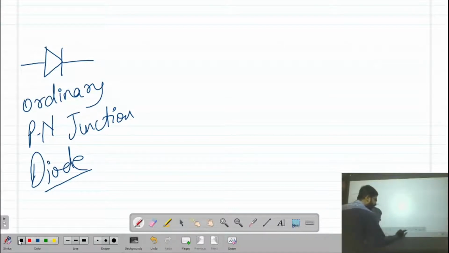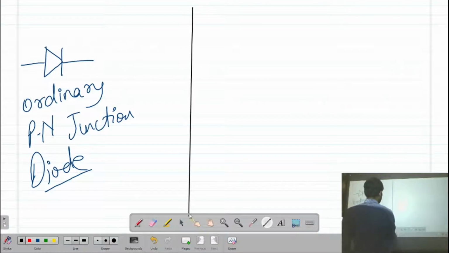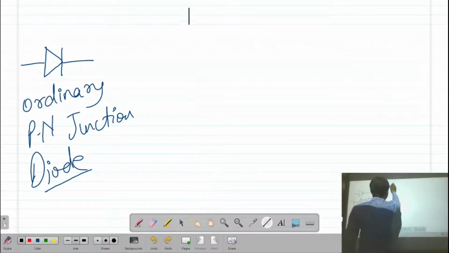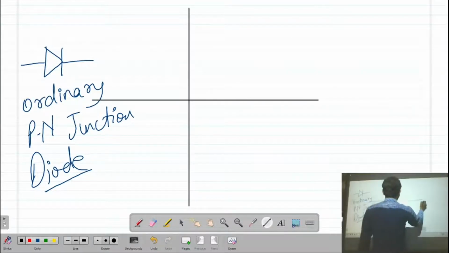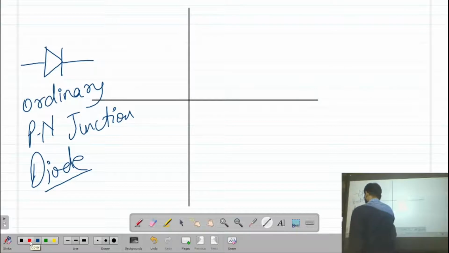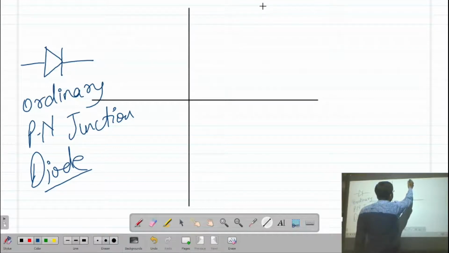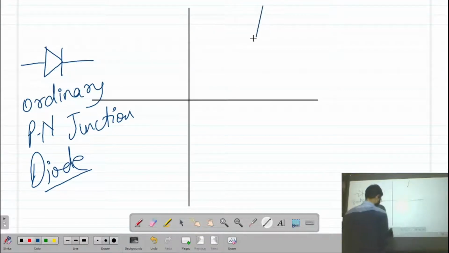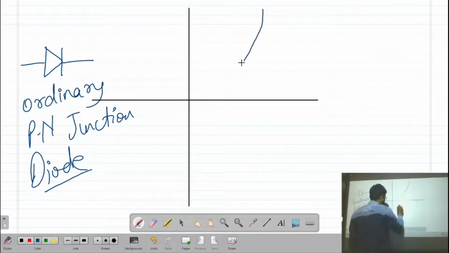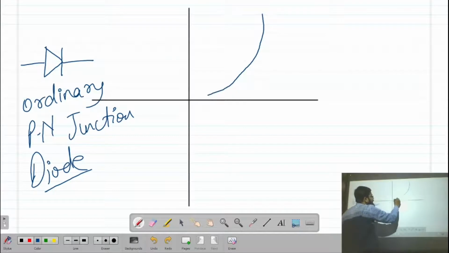Now we have already studied the PN junction since our 12th standard, and we know the IV characteristics of a PN junction. It will be like this.